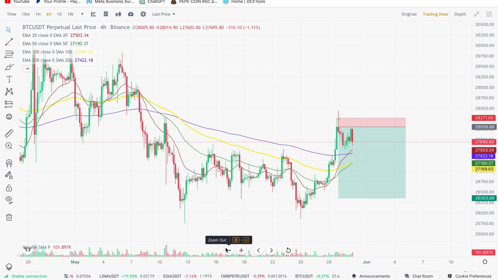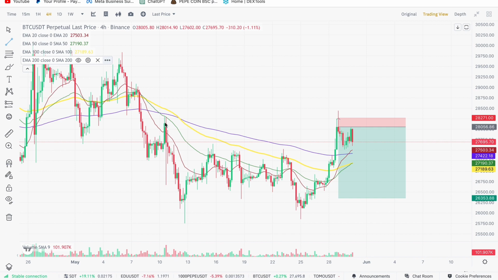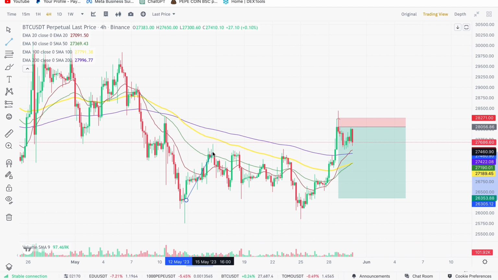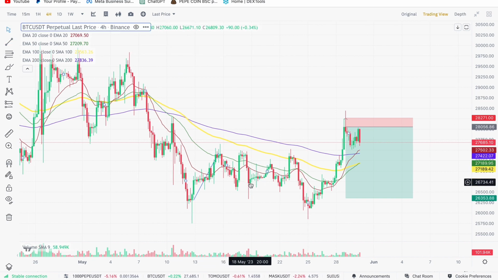If you want to add trend lines, just click here, then you select the trend line, click on it, then let's say we are moving price to this place, we click it this way, then let's add another one to this side here.